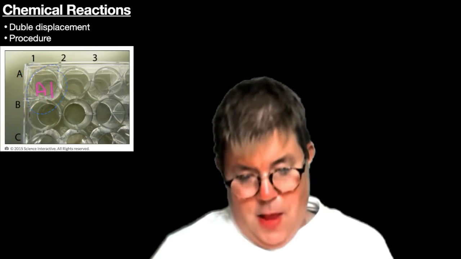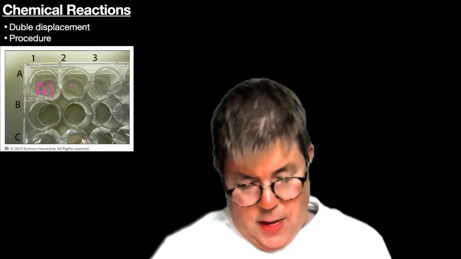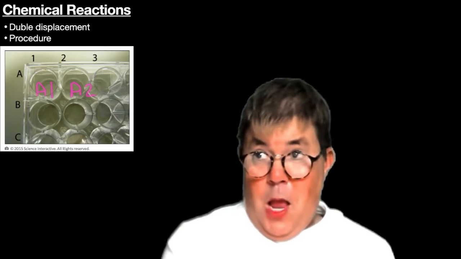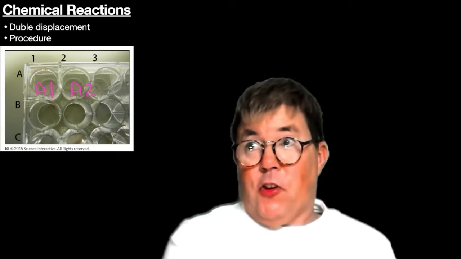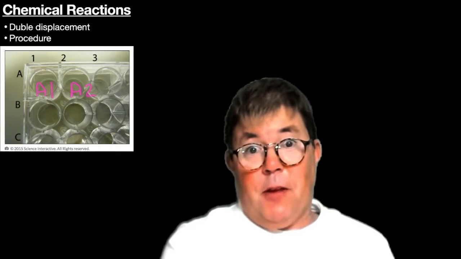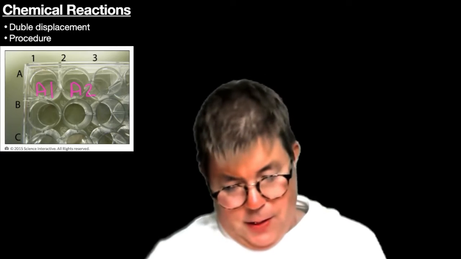So here would be A1. And then right next to it we would have A2, and so on. When referring in the questions to various reactions, refer to the reaction by the well number to make it easier.